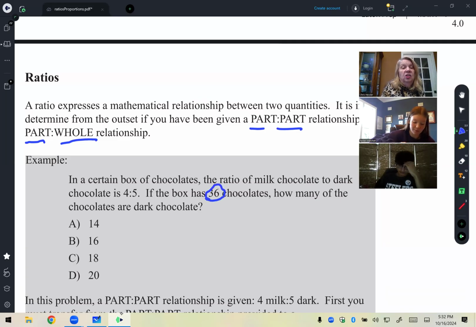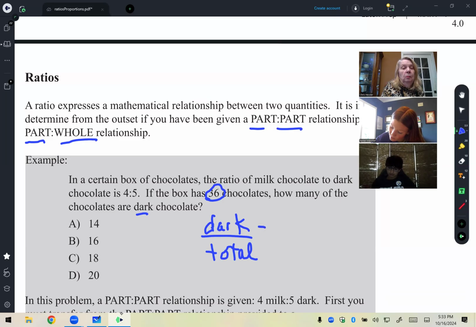We have 36 chocolates. So my best commercial for these ratio problems is to put the labels down. So we're just going to do, we want dark to the total. And that will be obviously 5 out of 9, because the 9 is the total.